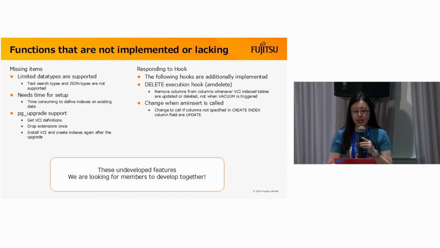In the index access method, data deletion is triggered by vacuum. This leaves the deleted column data on ROS even after it is deleted.